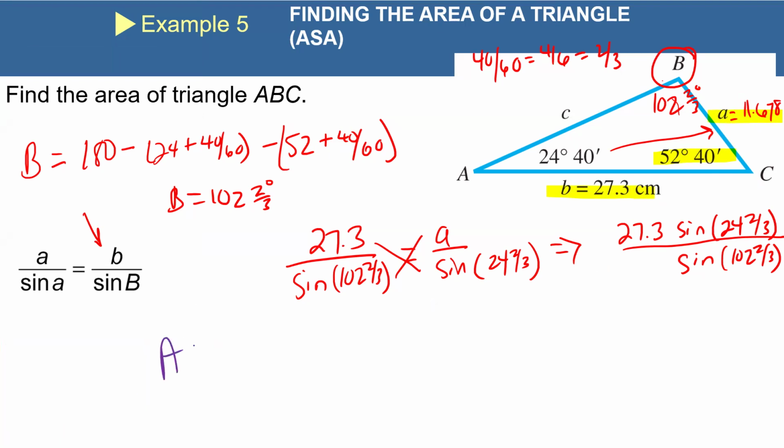So area equals 1/2 A times B. It's going to be 11.678 times 27.3 times the sine of C, which is 52 and 2/3, because 40 over 60 is 2/3.